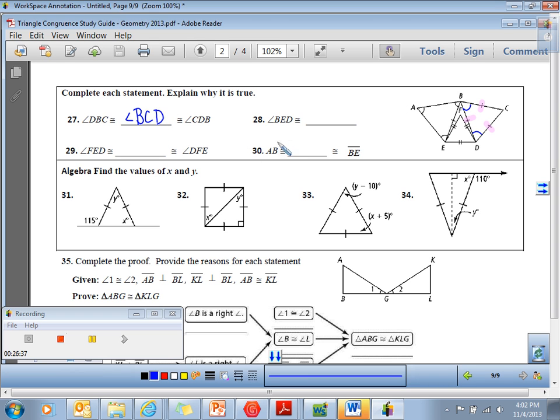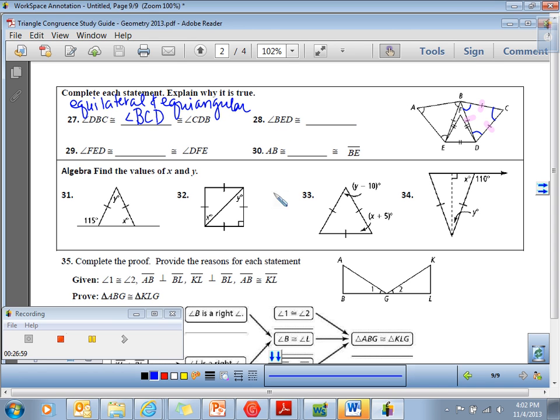There are other answer choices for this, but that's the most obvious one. And if you explain why this is true, you would say it's equilateral and equiangular. That's one of those corollaries.